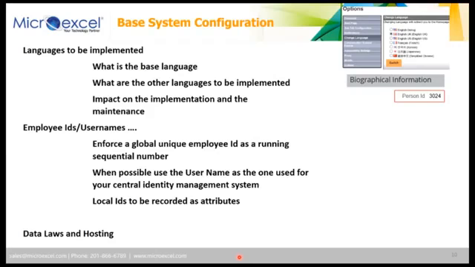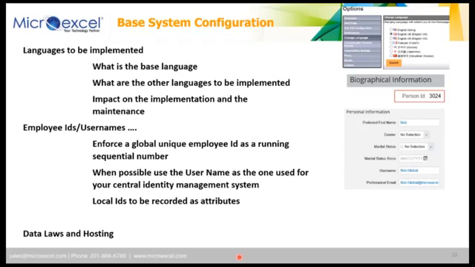And if you have a central identity management system, is it Active Directory, is it LDAP, is it any of these central identity management systems, for security purposes you need to make sure that the username you're going to use in SuccessFactors is in sync with that identity management system.